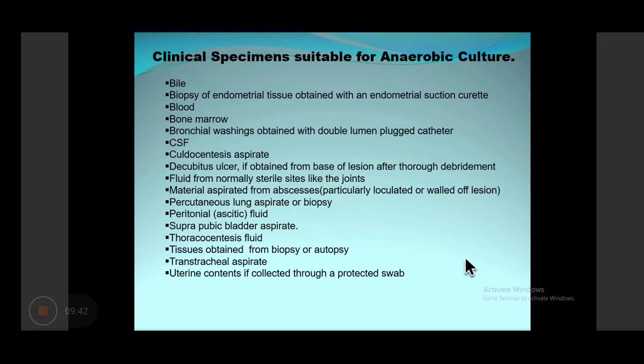We will take this sample and then fluid from normally sterile sites like joints, peritoneal fluid, percutaneous fluid. These are the many samples we will collect for a suspected anaerobic case, depending on the site of infection. So there are many samples.